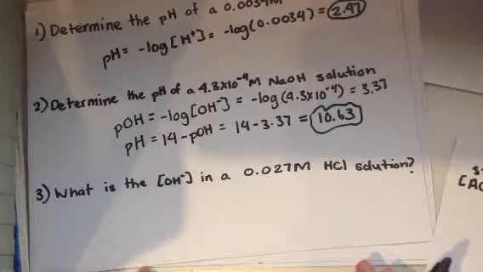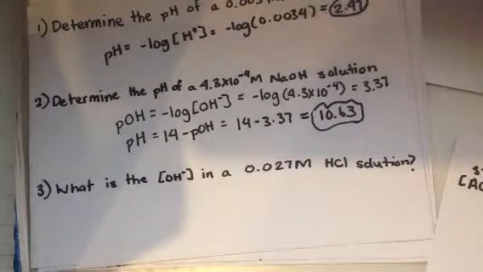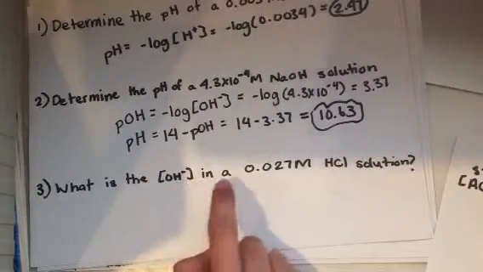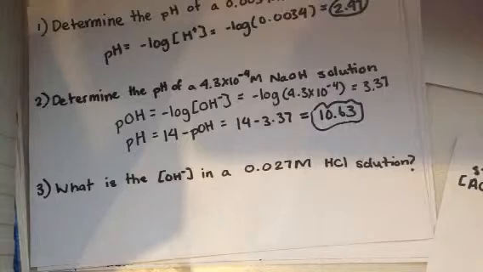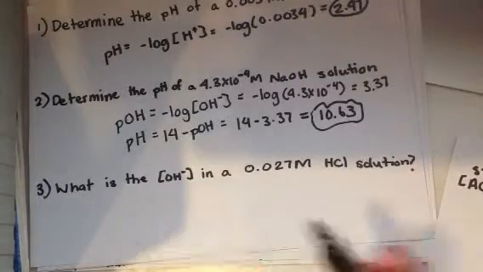The last question is a multi-part question again. It's determine the concentration of hydroxide ions in a 0.027 molar HCl solution. So let's go ahead and do that.